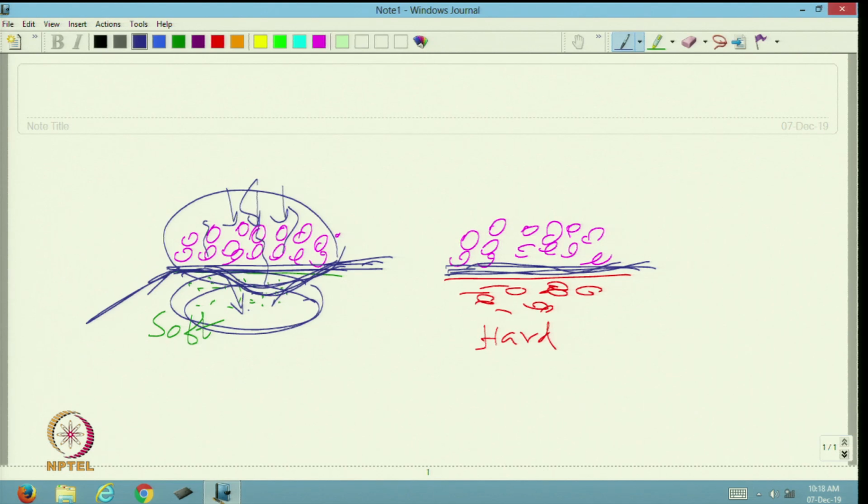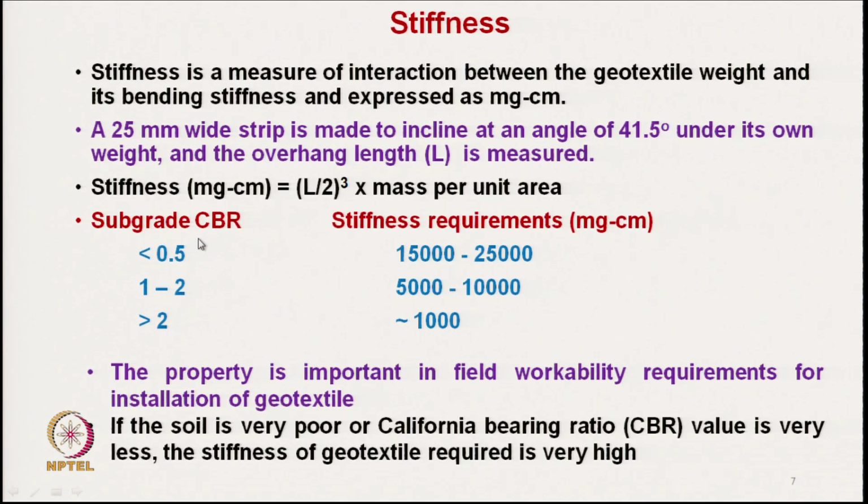Here in this table, the subgrade CBR, California bearing ratio, is one parameter that I will discuss in detail. This is the parameter which shows the stiffness or compressibility of the soil.